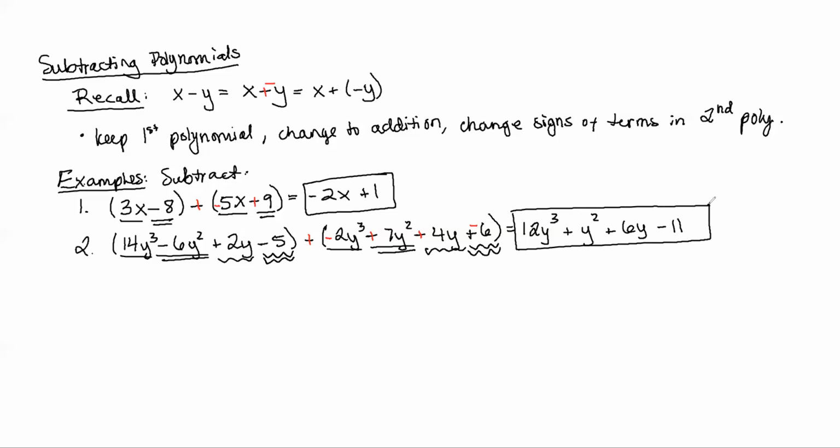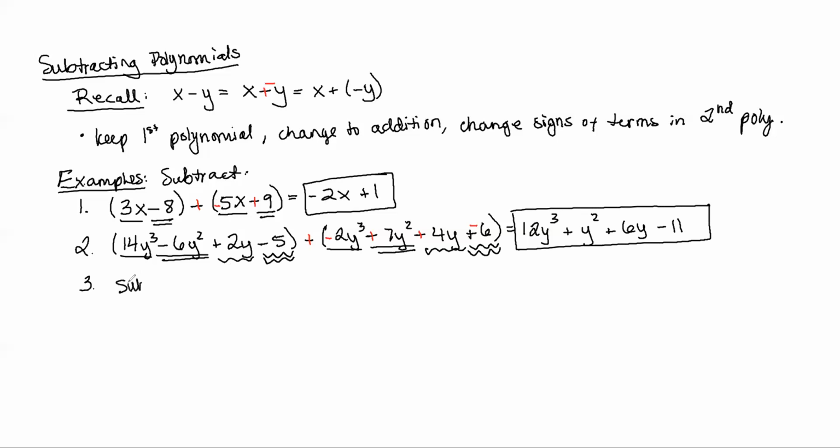All right, now let's take a look at a couple that look a little different than what we just saw. This one's written in word form, so we're going to have to go ahead and write it out with subtraction looking like one of these. We're just going to have to be careful on the order.